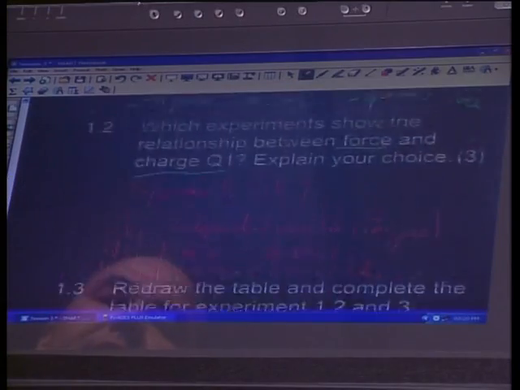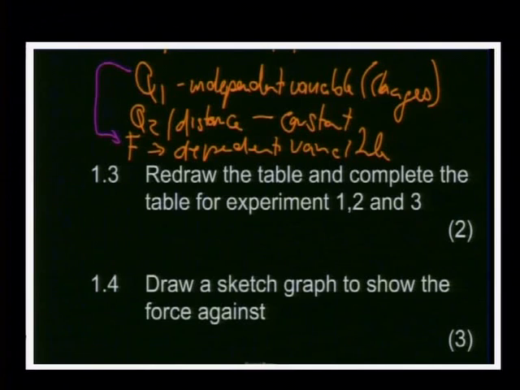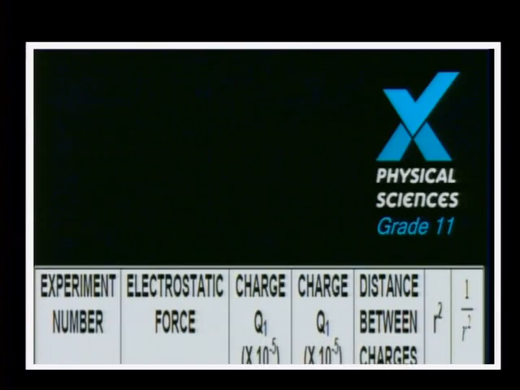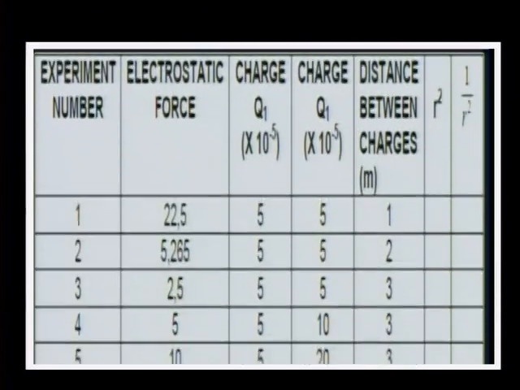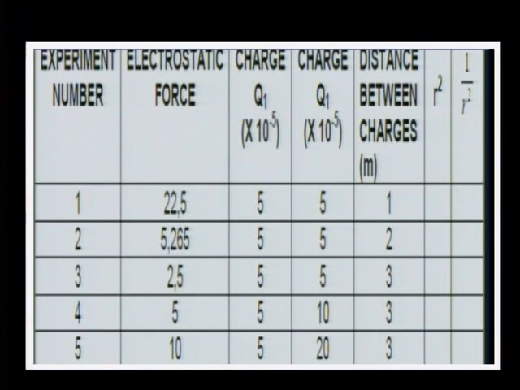Okay, let's move on to question 1.3, and it tells us here that we need to redraw the table and complete the table for experiments 1, 2, and 3, and then to do a sketch. Now, I know I put that on the next page, so let's go and fill that in over there so that we've got it all clear for us to fill in.